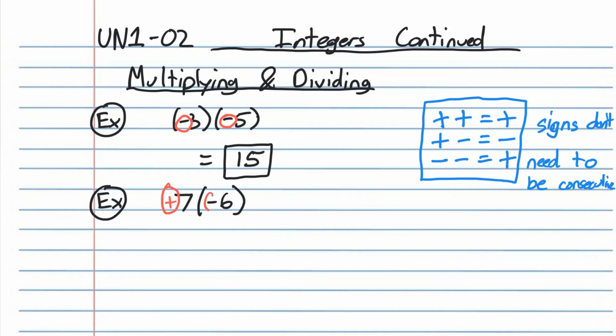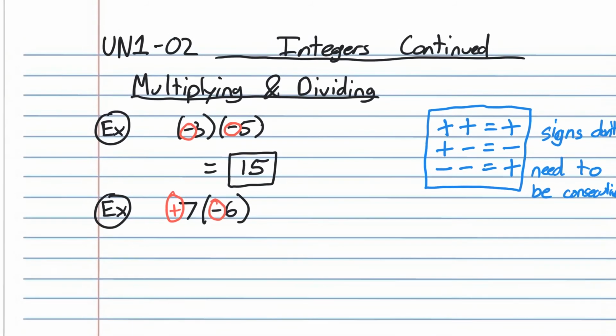So positive times a negative, we know that the negative is going to win. So we know it's going to be negative. And then 7 times 6 gives us 42. So our answer is -42. The key is to be careful with those signs. When you're adding, subtracting, the signs have to be consecutive. Multiplying, dividing, they do not.